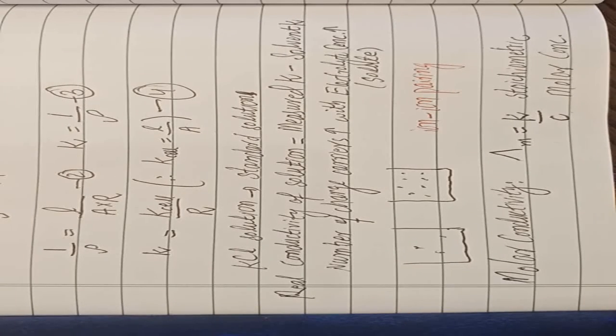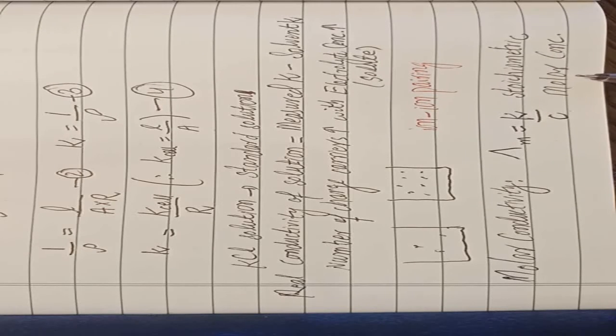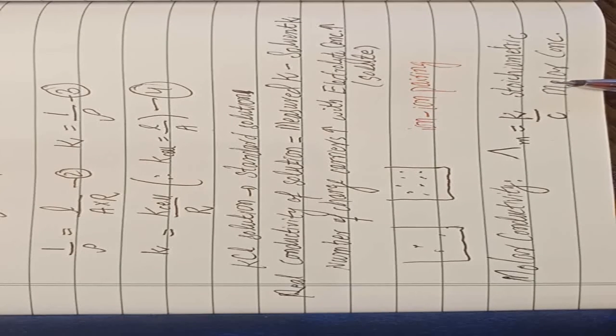This equation of molar conductivity is applicable for dilute solutions up to a concentration where there is no ion pairing. Then this stoichiometric concentration will be directly proportional to the actual concentration of the electrolyte.